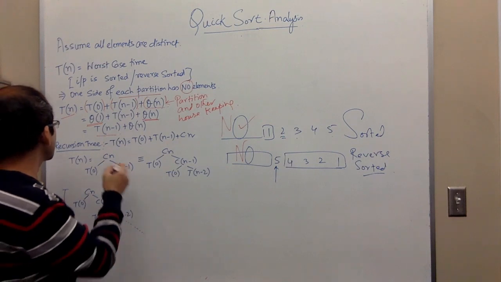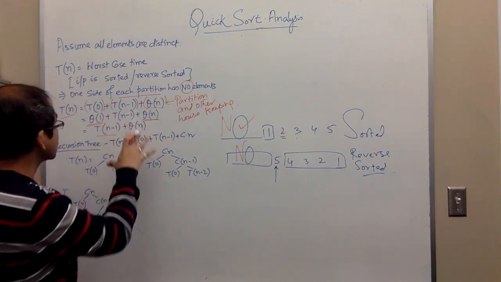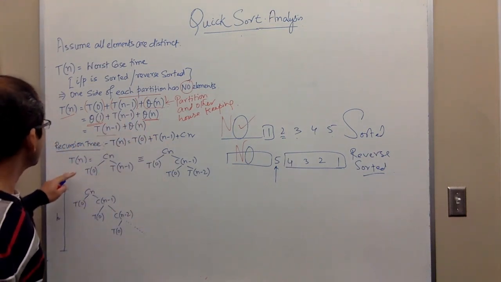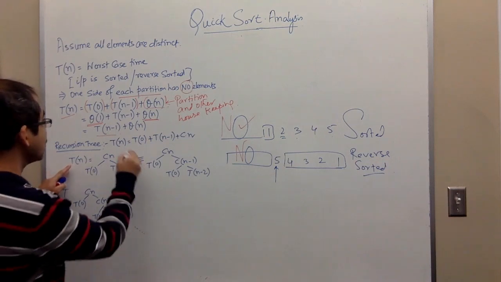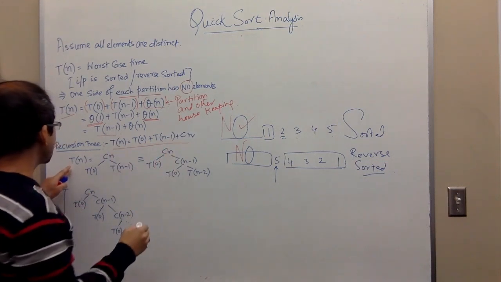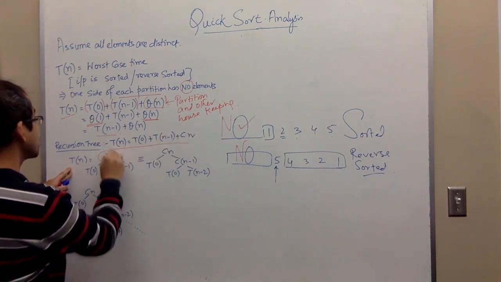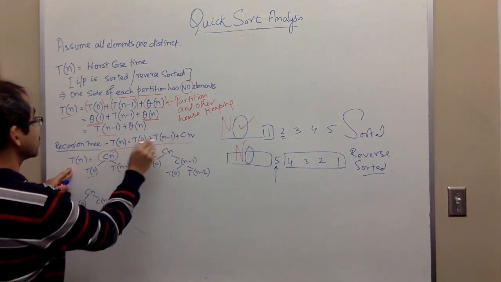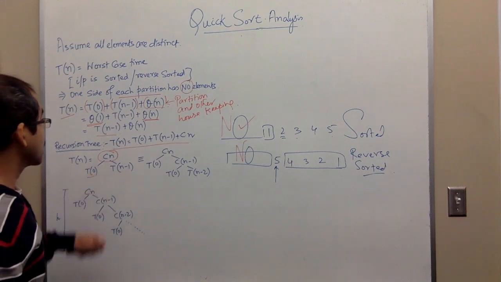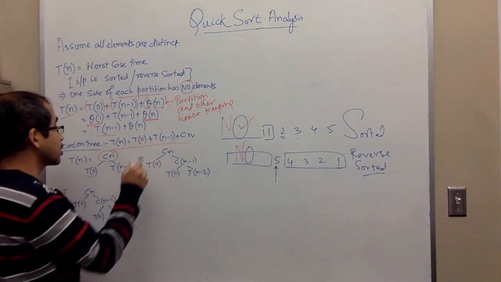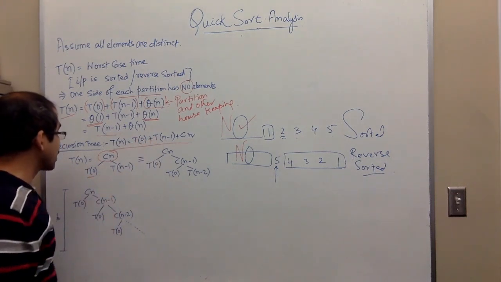Now I have tried to show the recursion tree for this recurrence relation. For T(n), we write the constant, cn, as the root, and then the varying recursive parts at the two children, left and right.